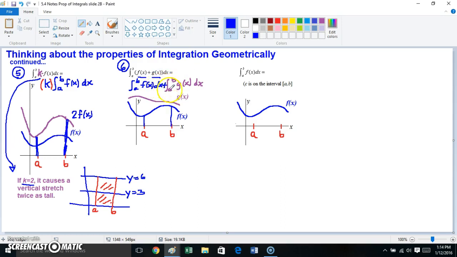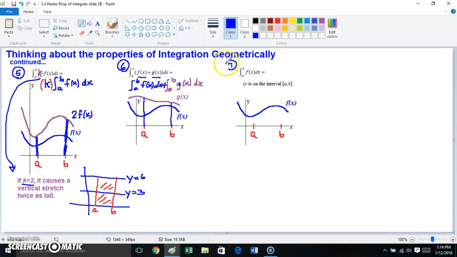And we're going to add those two together. Now, if you actually think about adding the two functions together to start with, then the new function, f of x plus g of x, is going to have higher y values than the current y values. So in effect, you're adding the two areas together, the area under each curve together.